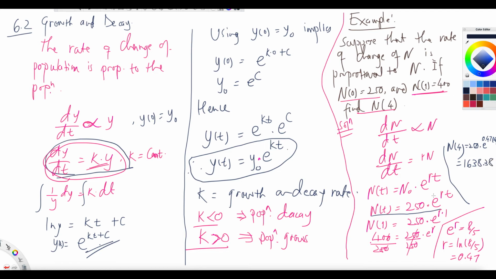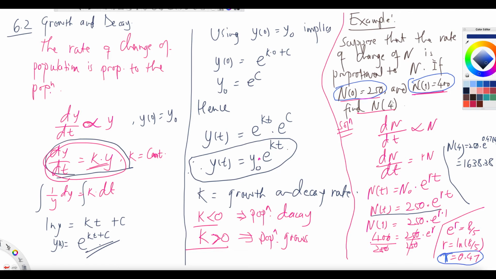That is 1639. The total population after 4 years will be 1639, because at the beginning there were 250 people, and after 1 year there were 400 people. Using those two pieces of information, we got the growth rate, because it is positive, r equals 0.47.